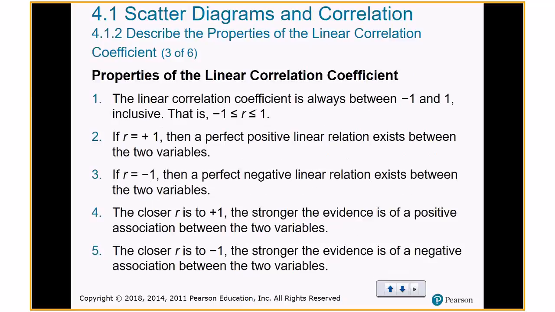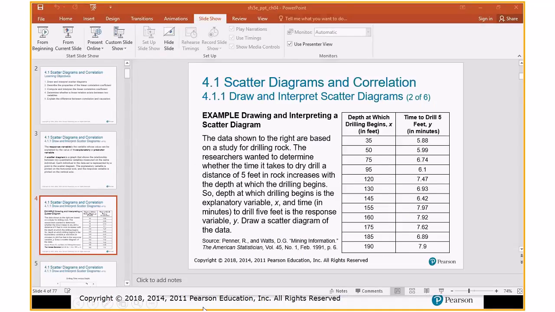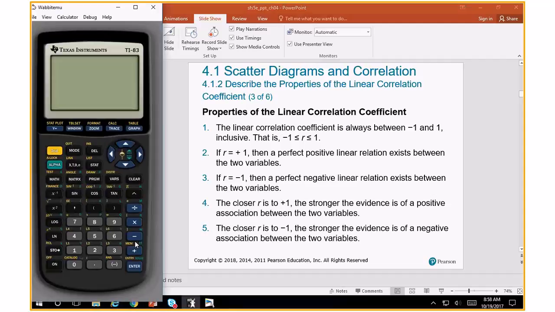I think if you go into one-variable statistics on your calculator, one of those applications will give you R, the correlation coefficient. In fact, on some of your calculators, when you go here, there is more information.